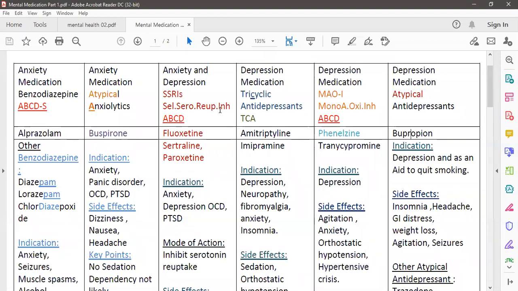So then another indication of this medication, I said, like here, citalopram we can use for sedation as well. So antidepressants, especially SSRI, can cause suicidal ideation.